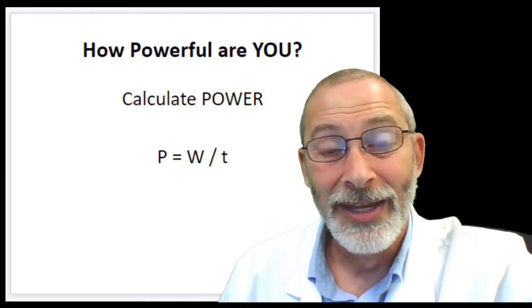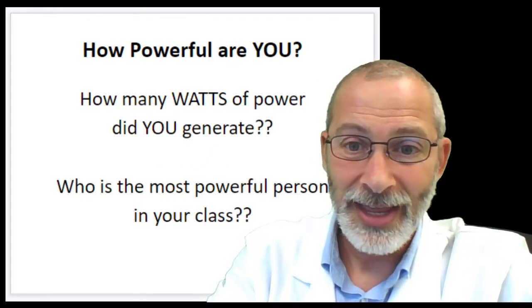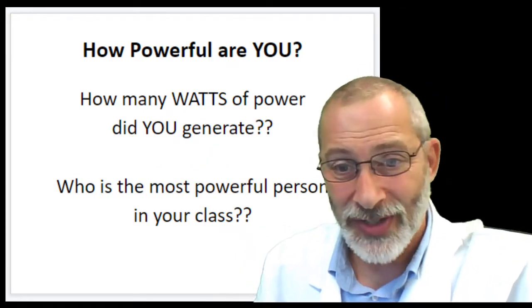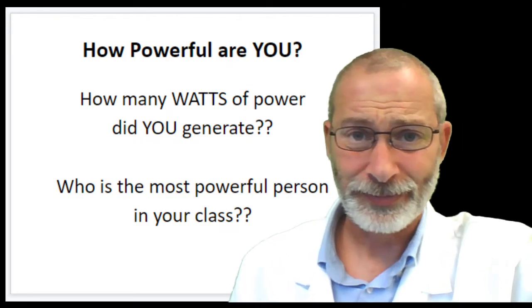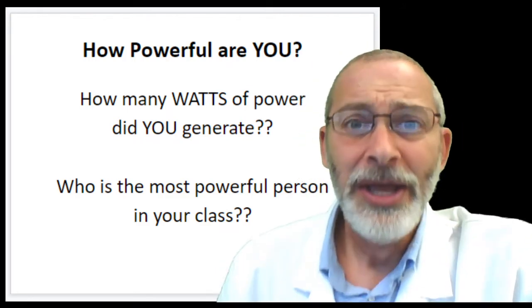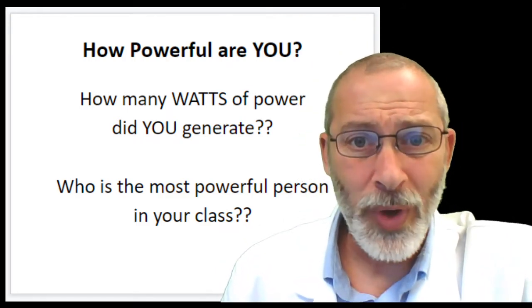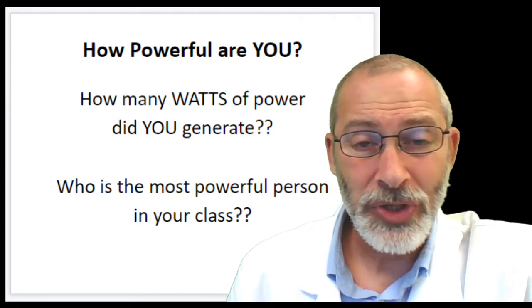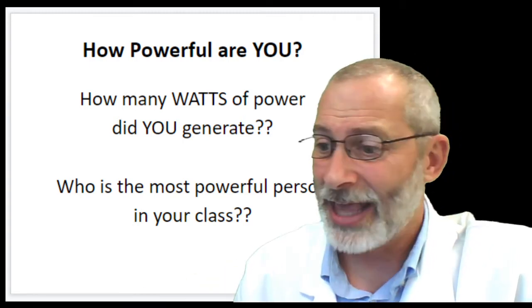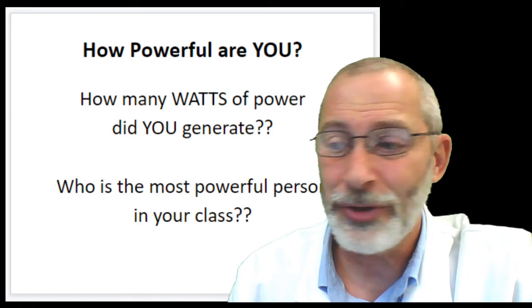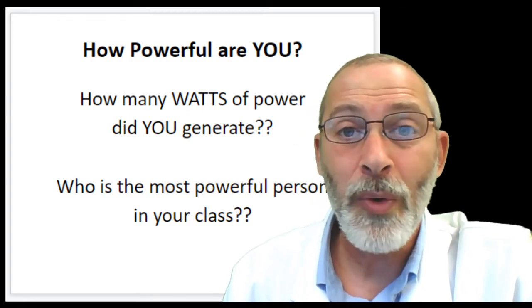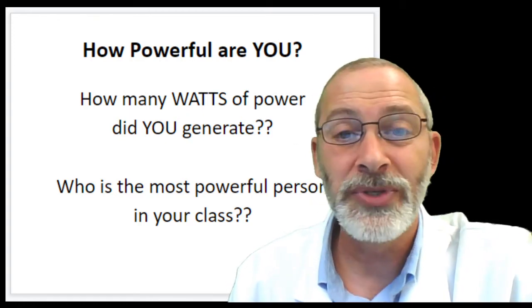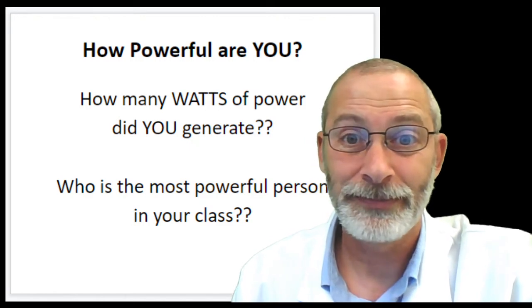And that will equal how many watts of power you generated by doing push-ups for 100 seconds. So take a moment and calculate that and write down your answer in your book for how powerful you were in terms of watts.